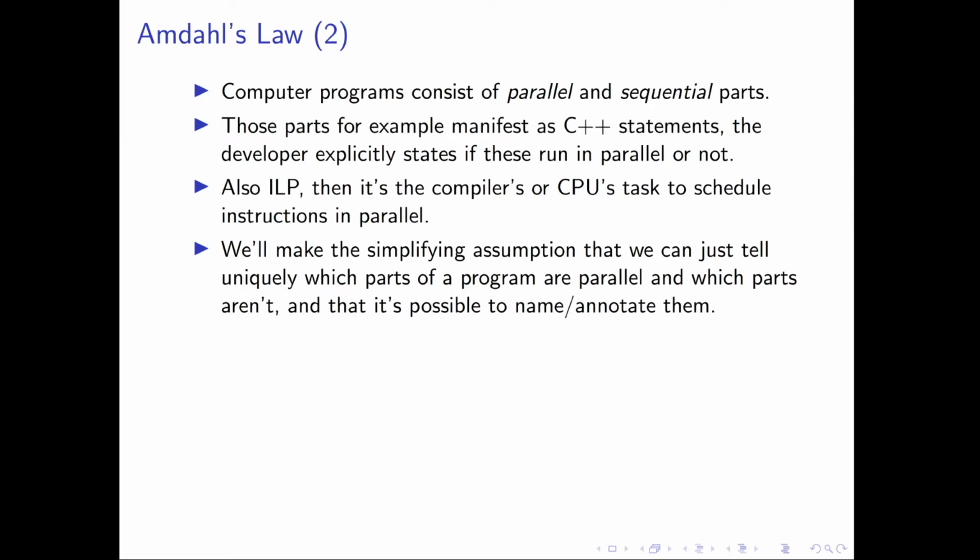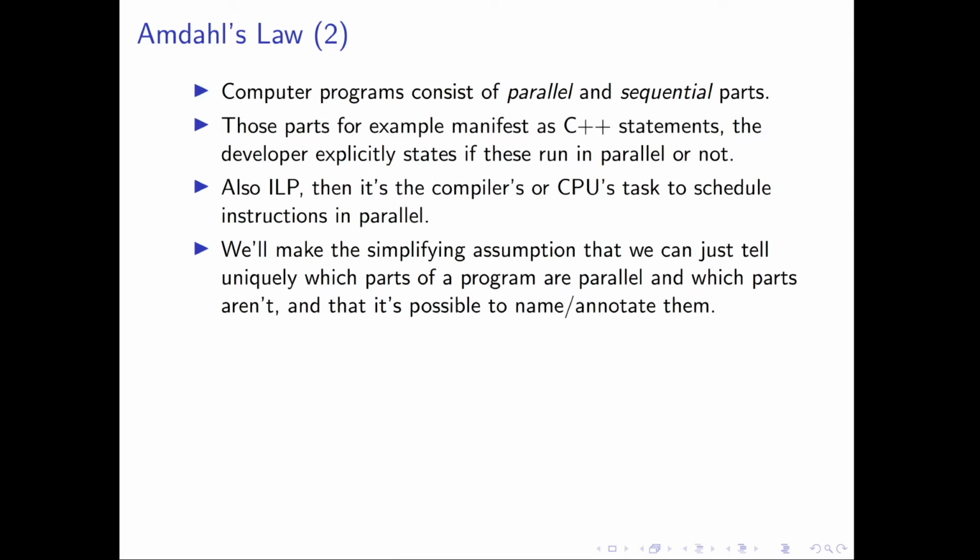So in our computer programs, we in general assume that there are sequential parts and parallel parts. Those parallel parts, this is what we learned, usually manifest as programming language statements, like C++ statements, wrapped in a parallel for loop or in a thread callback.